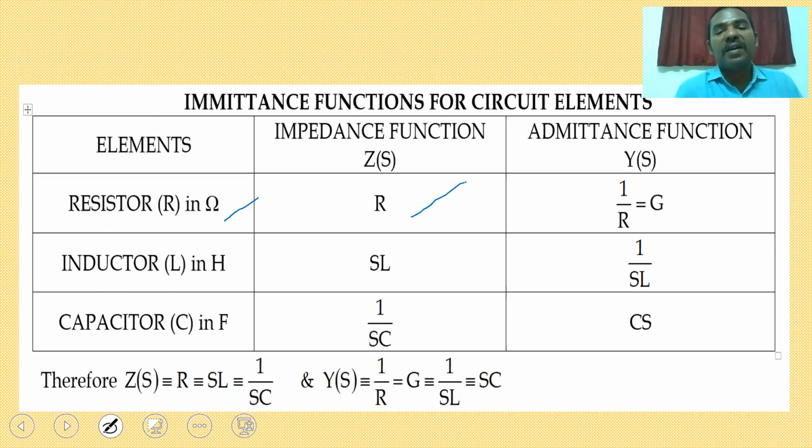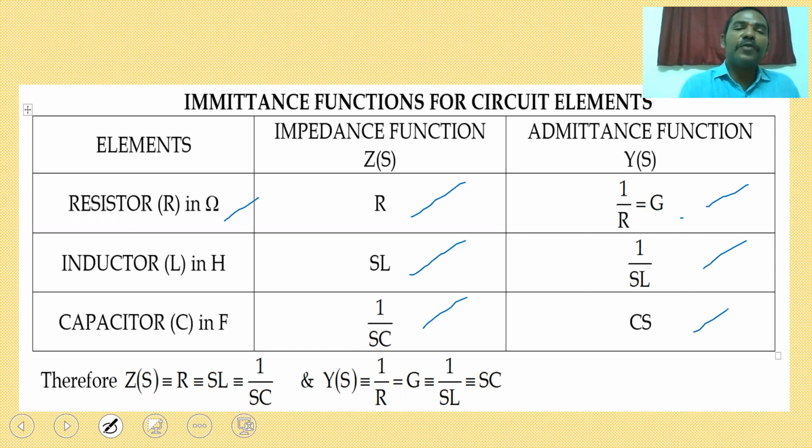R is Z of S and Y of S is 1 by R, or you can write it as G. Inductance can be represented as Z of S equal to S into L, and the admittance, 1 by Z of S, is 1 by S into L. For capacitance, the impedance is 1 by C omega, so you write it as 1 by S into C, and the admittance is CS. Like this, you can get the impedance functions with respect to resistor, inductor and capacitor.